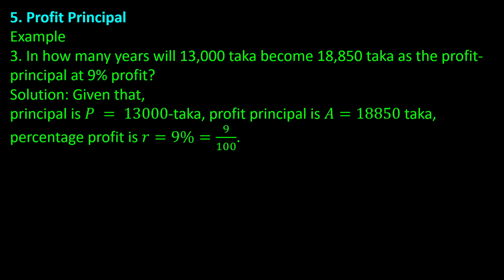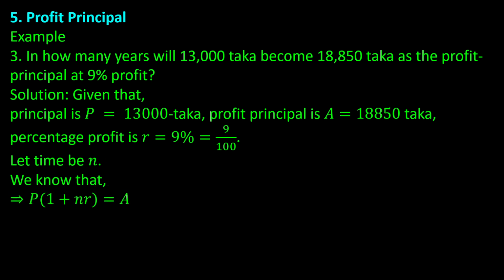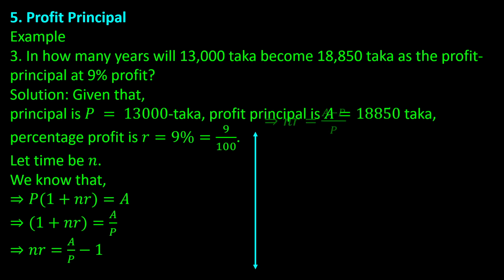Here the principal P equals 13,000 taka, profit principal A is 18,850 taka, percentage profit is R equals 9%, and we have to determine the time here. So we consider the time n.